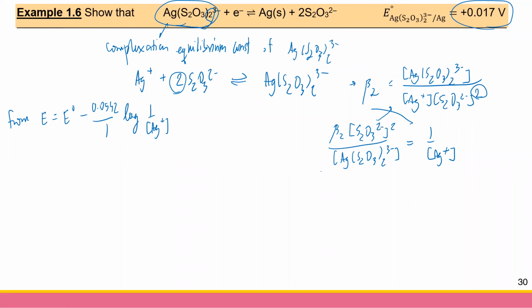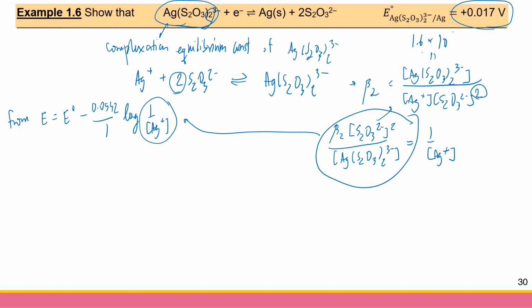So you need to substitute this into this one. And what I didn't give you is the beta value of this one. The beta value of this one is 1.6 multiplied by 10 to the 13, right? Yeah, this one. So let's substitute everything.